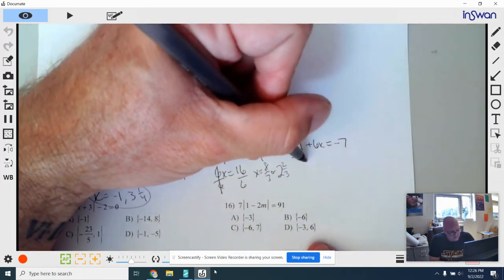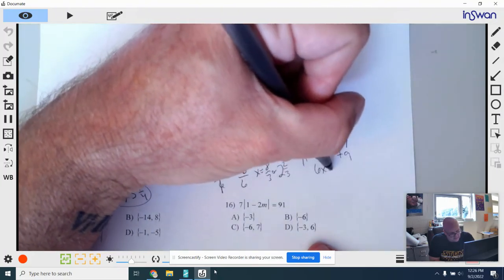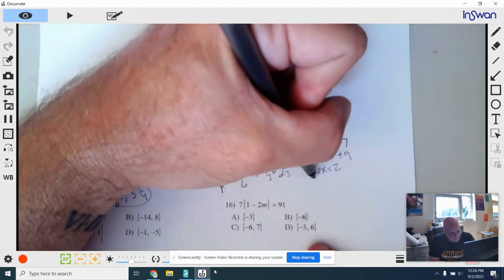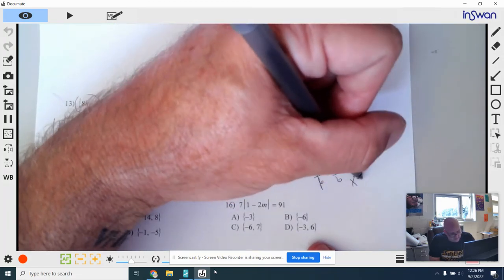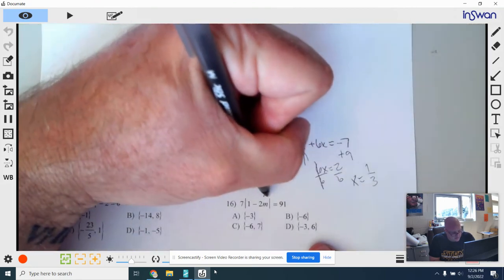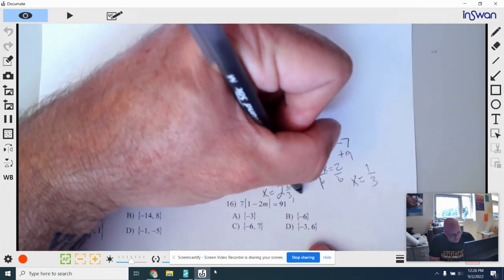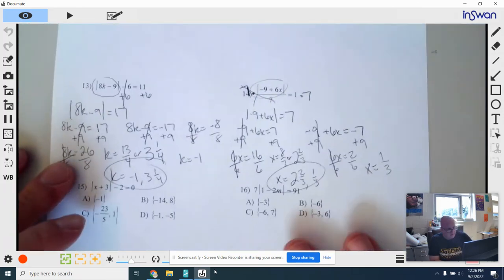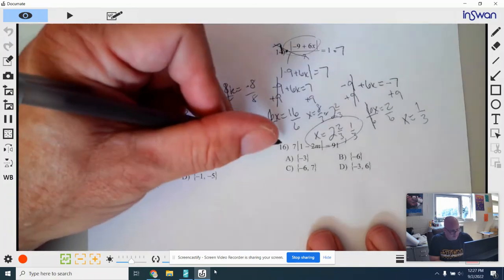Come over here, plus 9 cancels. So you get 6x is equal to positive 2. Then we divide by 6. So x is going to be reduced down to 1/3. All right, so I say x is equal to, I'll put my mixed number, 2 2/3 and 1/3. All right, you guys go into number 15 and 16.